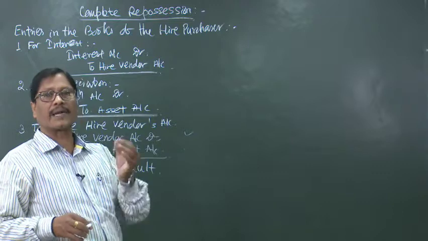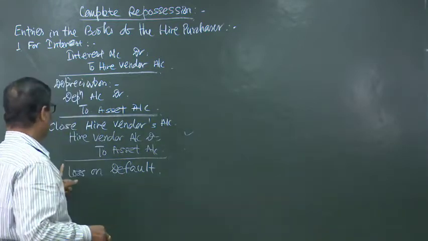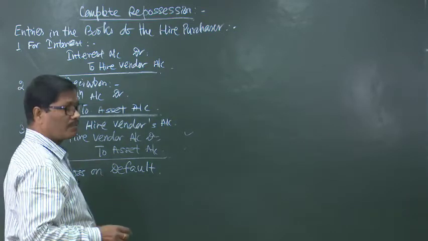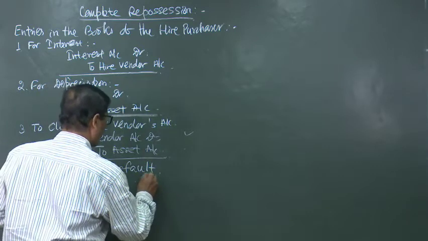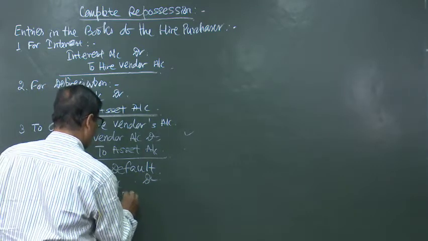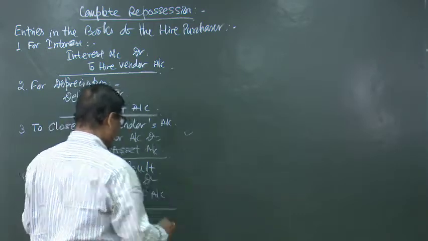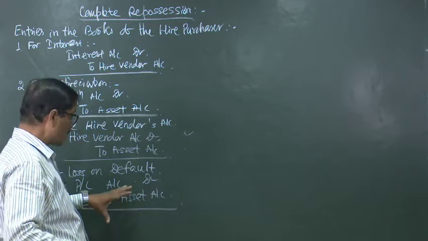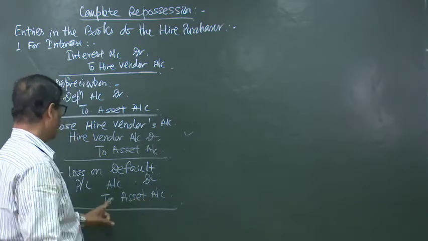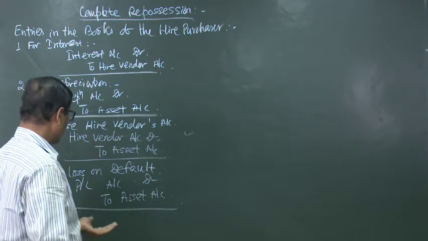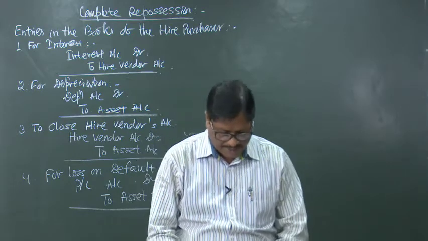So, for that amount asset account will be credited, and profit and loss account will be debited, that is the loss. Profit and loss account debited to asset account. Because this entry is passed for the balancing figure of the asset, the asset account will be completely closed. Asset account will be closed by crediting, and the loss will go to the profit and loss account. So, these are the 4 entries in the books of the buyer, hire purchaser.